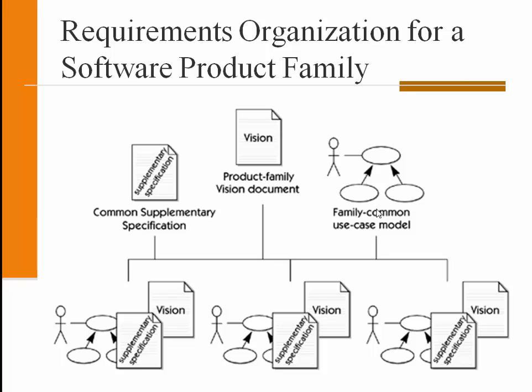Now in the way of organizing these requirements in the industry, they follow the vision document, common supplementary specification document, and the use case specification document. We said the small project and the medium project require a document called the requirement specification document.